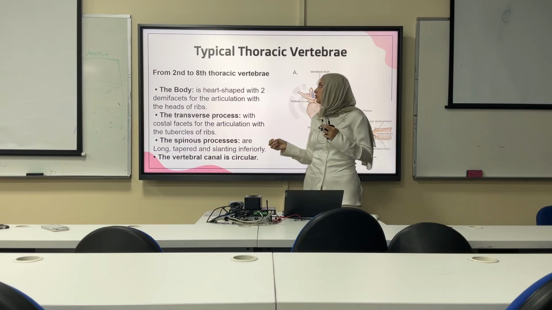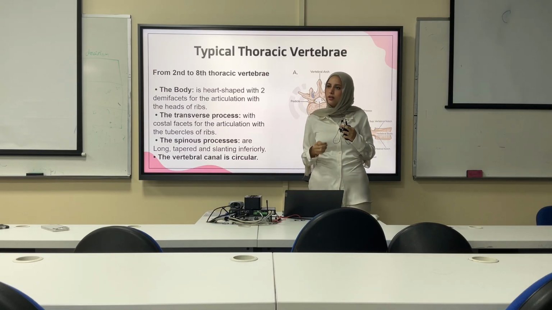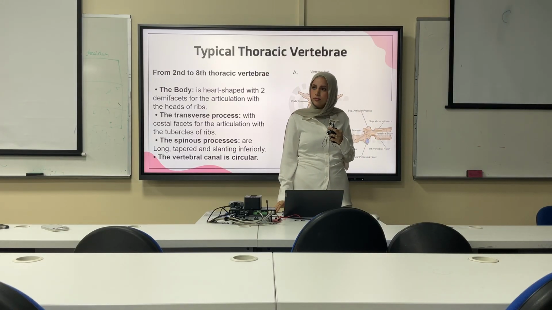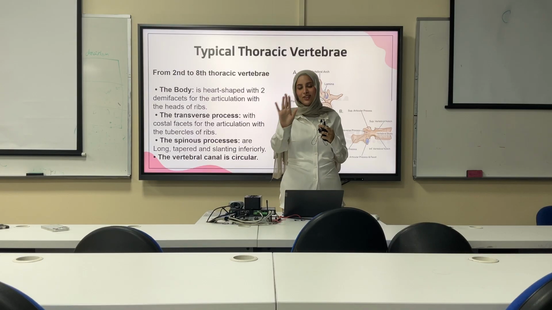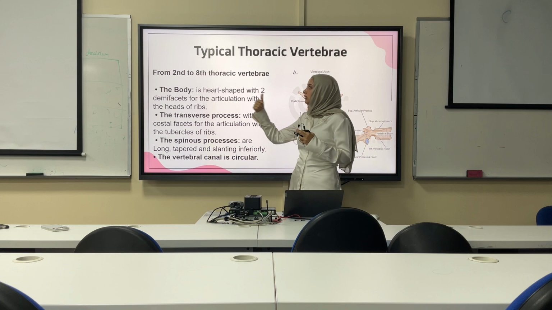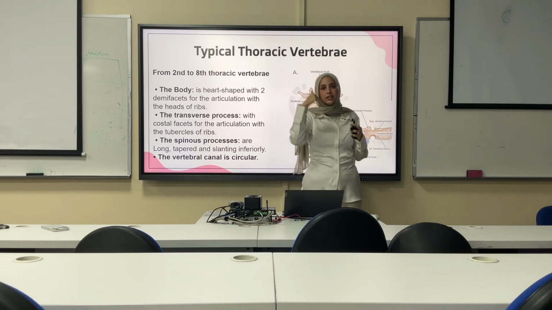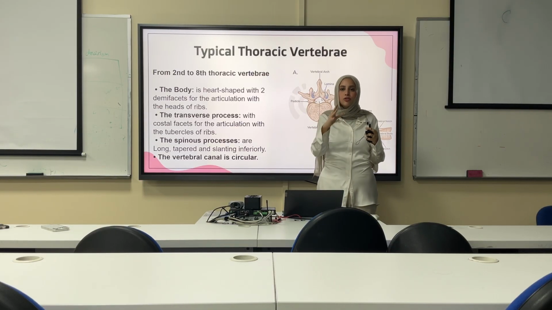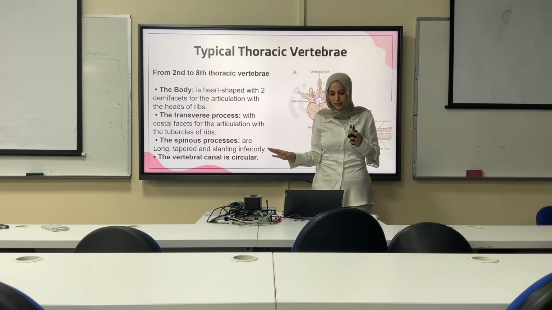From 3 to 7? 3 to 8? All except 10. 3 to 8, sorry, 3 to 9, I'm sorry. So 3 to 9. If you think about it, that's because of where it connects: the typical rib attaches to the typical vertebra, basically.